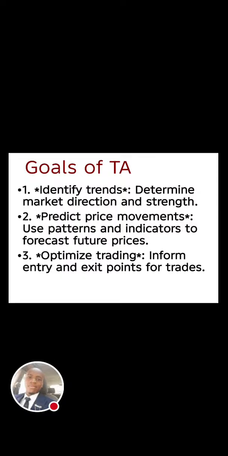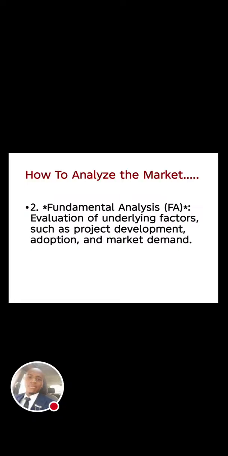So these are all things you make use of when using technical analysis in analyzing the crypto market or a particular coin. The next thing is it helps optimize trading. You're able to make informed entry and exit points for trades.